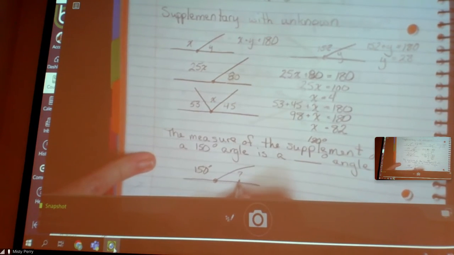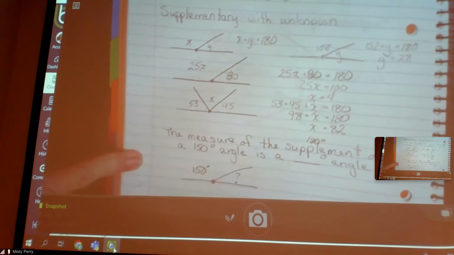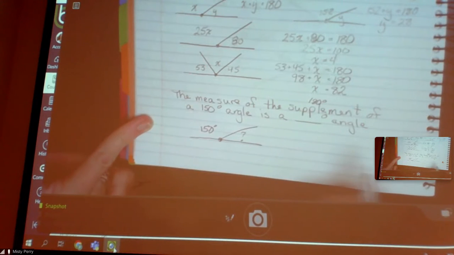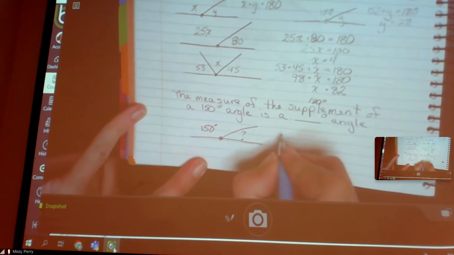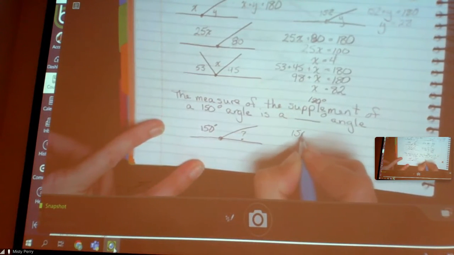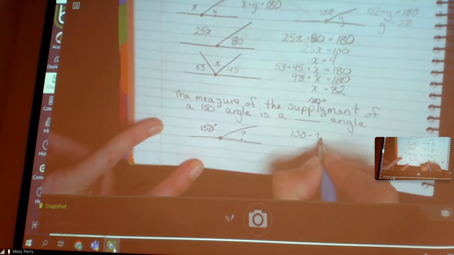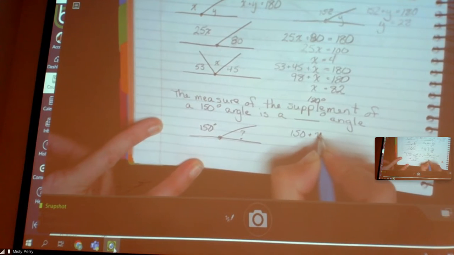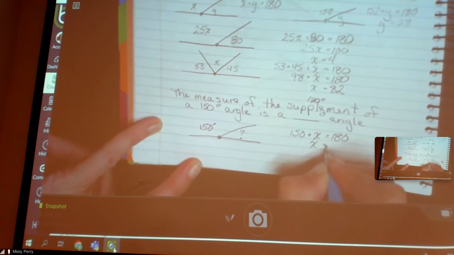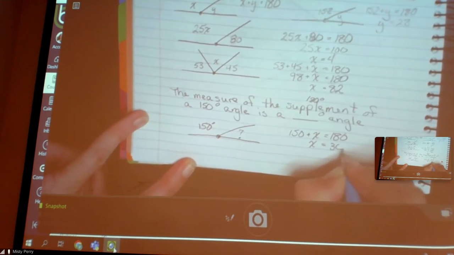So you're trying to figure out what this side is, same thing as we did when we had the picture. 150 plus x equals 180. Your missing angle is going to be 30 degrees.